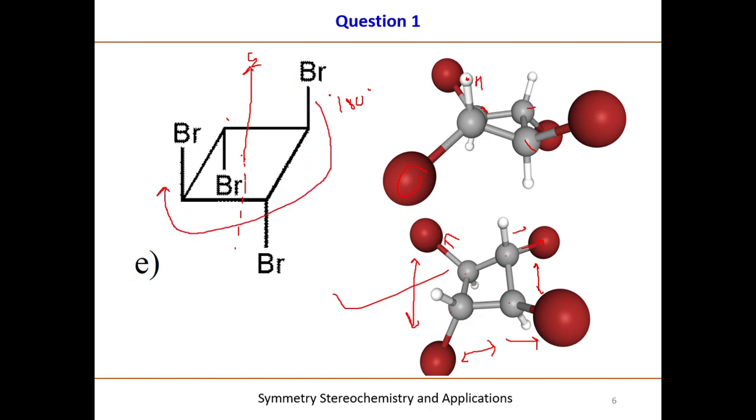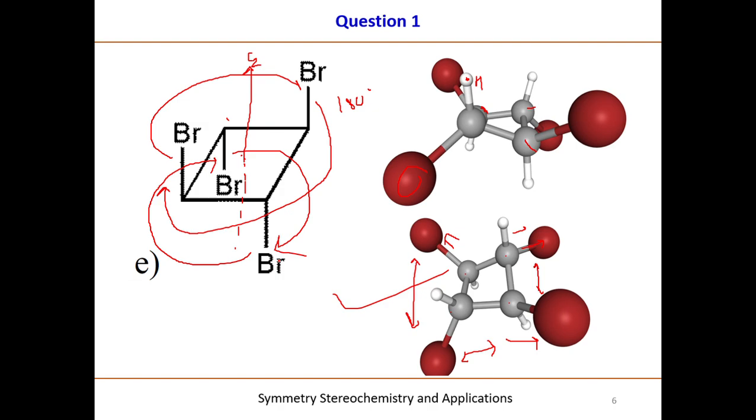This is upside, that means it will come upside, and this will go this side. Same with this one, this will go this side, and this bromine will go this side. So you can see here the upper one will remain up only when it is rotated by 180, and the below one will remain below if rotated by 180.